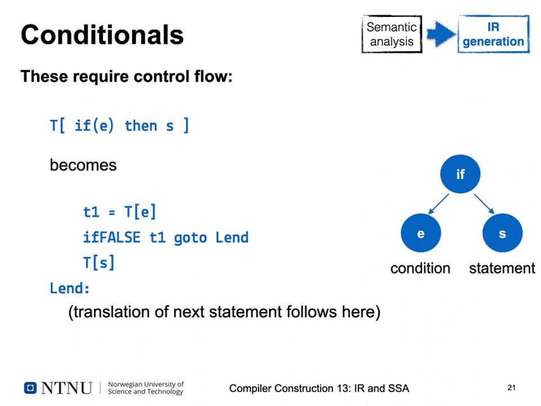And only if T1 was true, so if T1 was not false, we just fall through here, and then we need to consider this statement S, and this can be a statement sequence, so we would need to translate whatever S is into intermediate representation recursively first, because we could go deeper in our tree here.